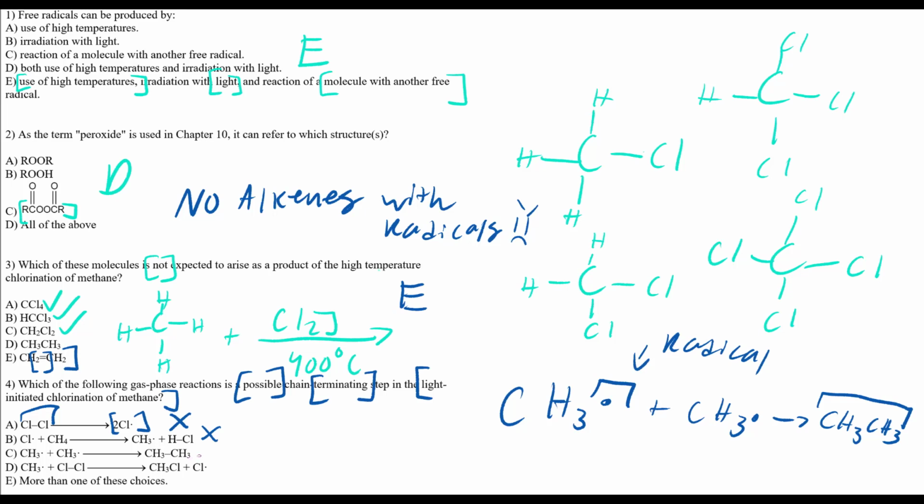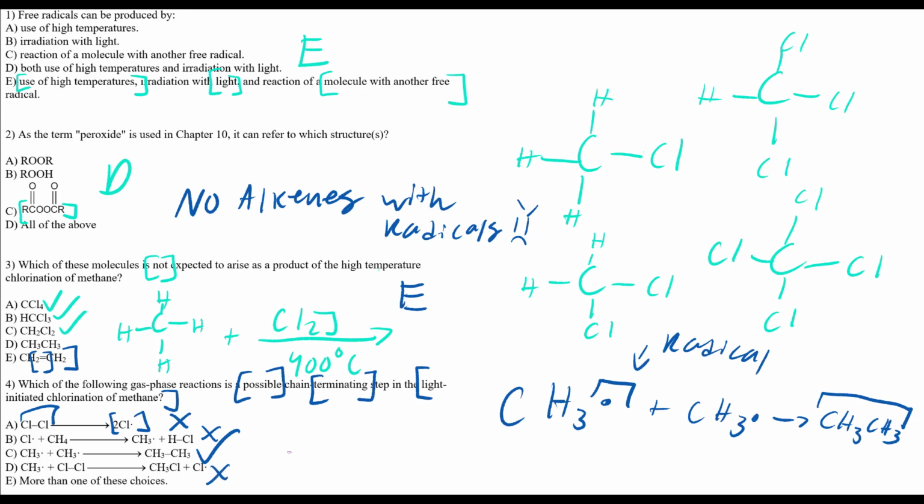So if my product doesn't give me a radical, it was terminated. For answer choice C, my product does not have a radical. So it was terminated. So C is going to be the correct answer, okay? D has a radical, and in the end, I also get another radical. That means I could do another reaction. So my process was not terminated.